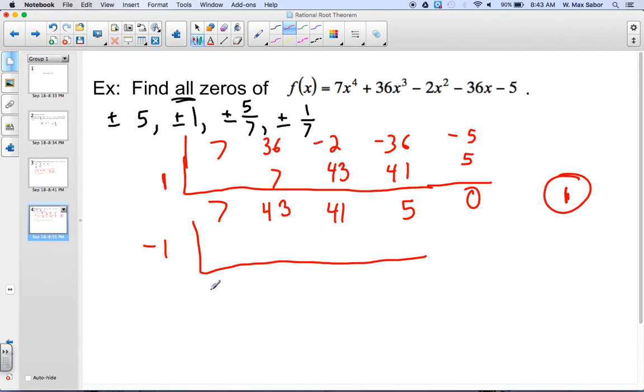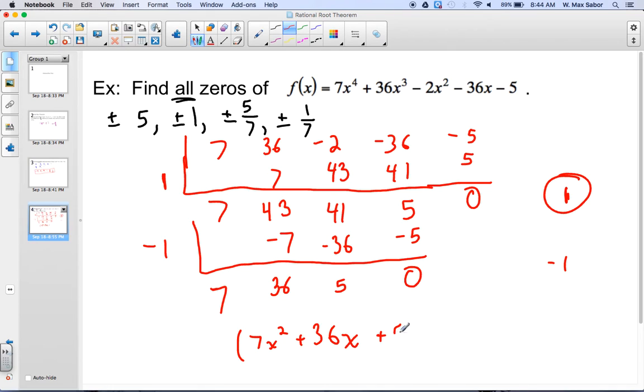We just bring down the 7. -1 times 7 is -7, this is going to be annoying, this is 36. -1 times this is -36. That's 5. -1 times 5 is -5. Ooh, this worked out nicely. So now we have -1 is one of the roots. Now we have 7x squared plus 36x plus 5 is what we're left with.